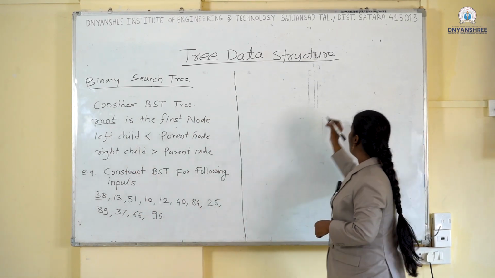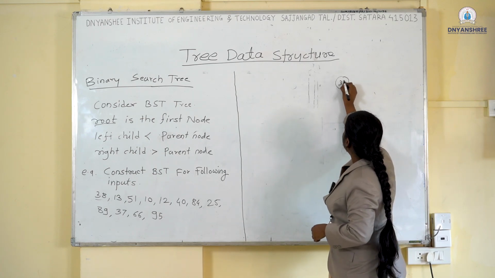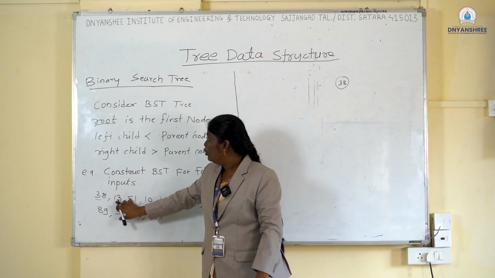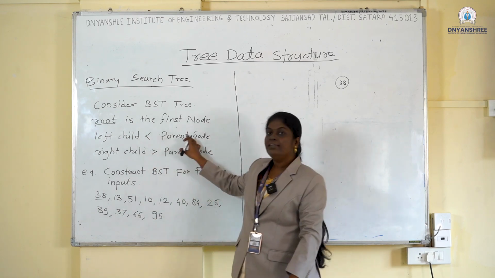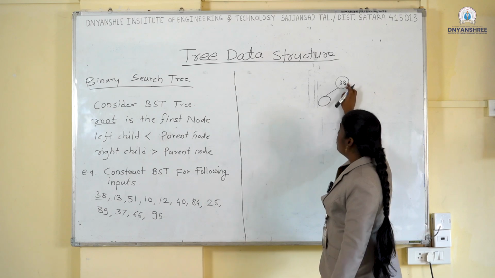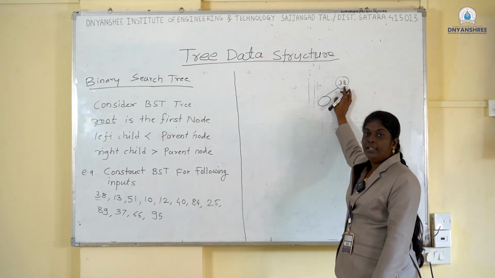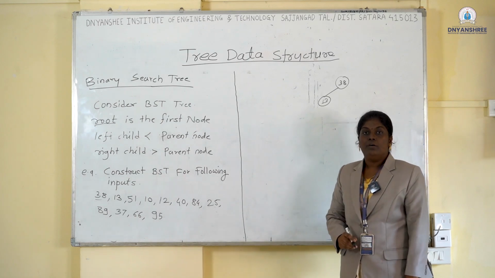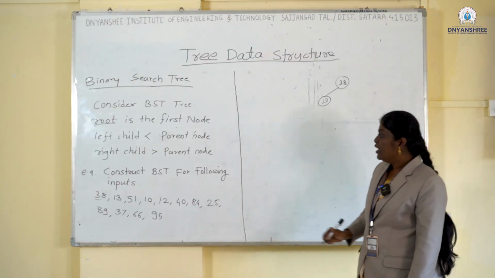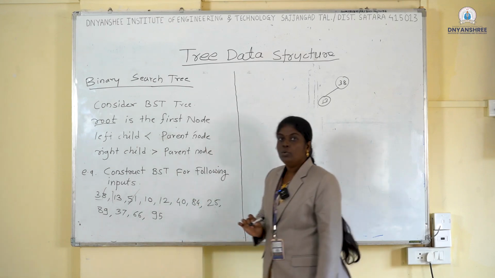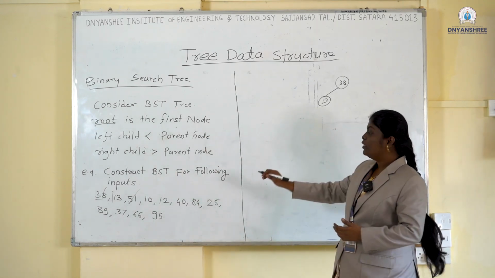As we have said, the first input directly becomes the root node, so we'll draw it as the root node 38. Now the next input is 13. 13 is less than the root node, so it will go into the left side of the parent node, and here the parent node is 38, so we can write the node 13. Next input is 51. Where will be the place for 51?